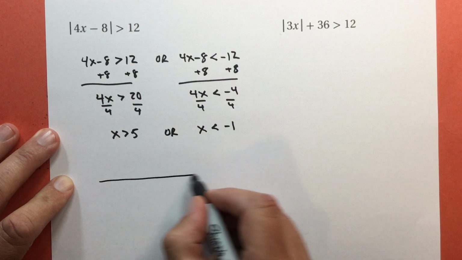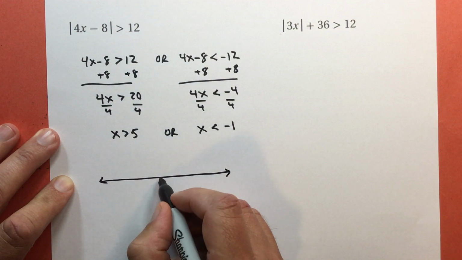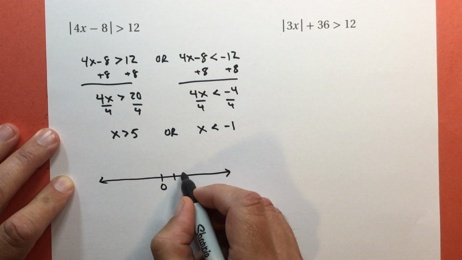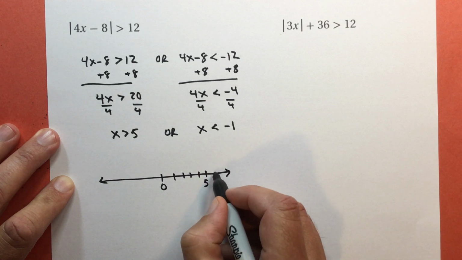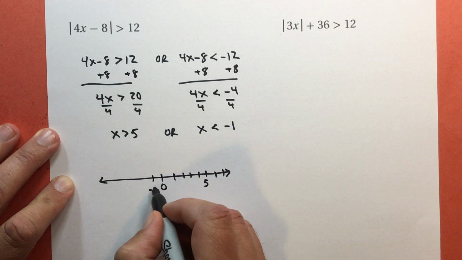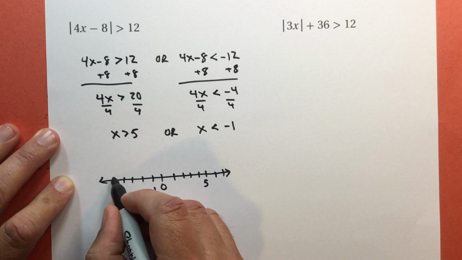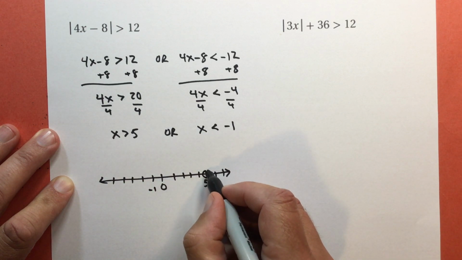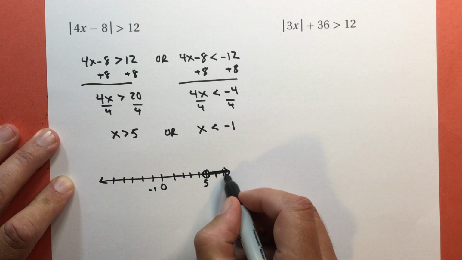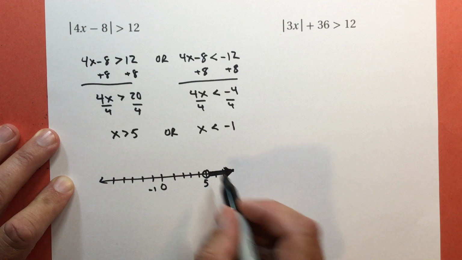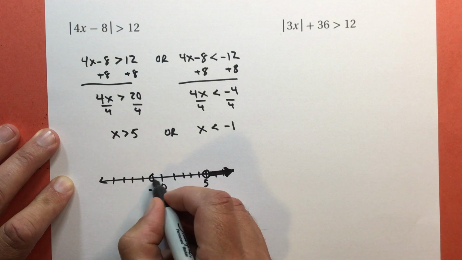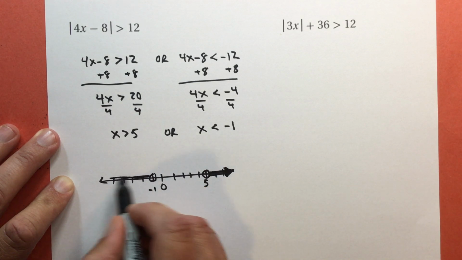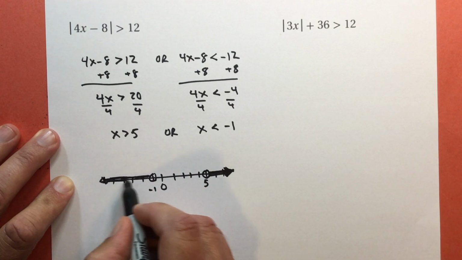And for me to graph it, here's 0, 1, 2, 3, 4, 5, 6, 7, negative 1, negative 2, negative 3, negative 4, negative 5. So x is greater than 5, open circle, goes to the right. X is less than negative 1, open circle again, and that one goes to the left.